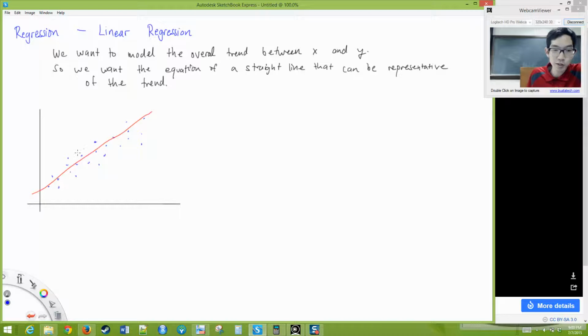The dots aren't exactly on this line, but this red line does a fairly good job of summarizing or characterizing the relationship between x and y. Okay? This line does not predict every point perfectly. Okay, it may not even predict a single point perfectly.